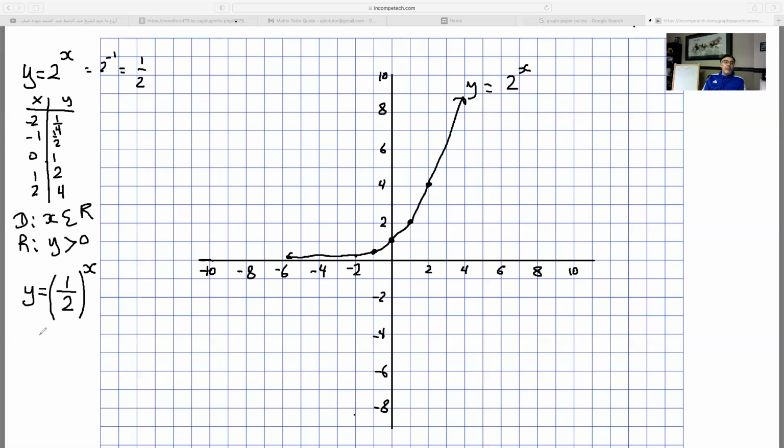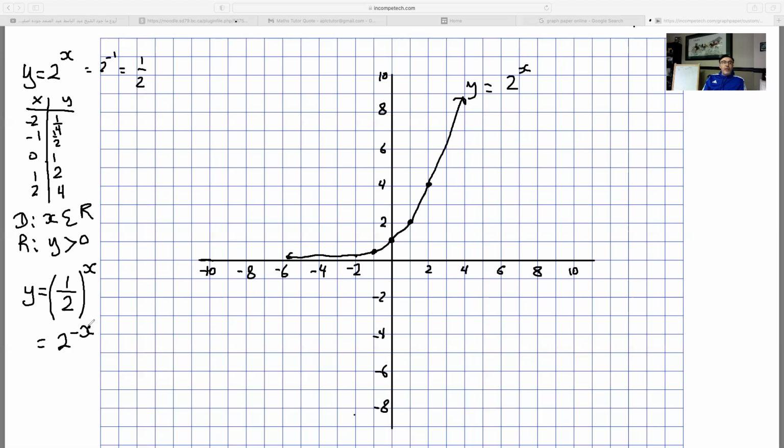Now, how about if we want to graph y equals 1/2 to the x? The trick here is to change this to 2 to the power of -x, because what you do is flip this and make the exponent negative.